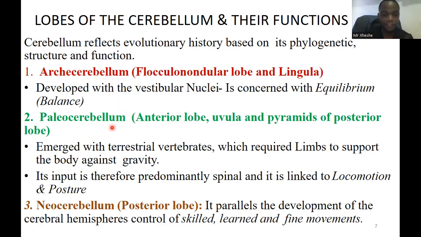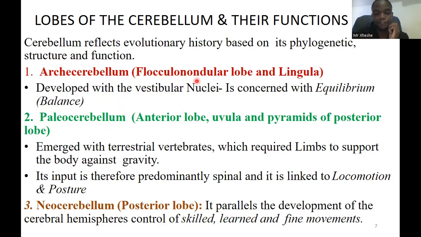Then the much more developed part of the cerebellum, we call the paleocerebellum. Then finally, the newest part of the cerebellum, which developed later on when humans evolved, is what we call the neocerebellum. Neo means new, all right?